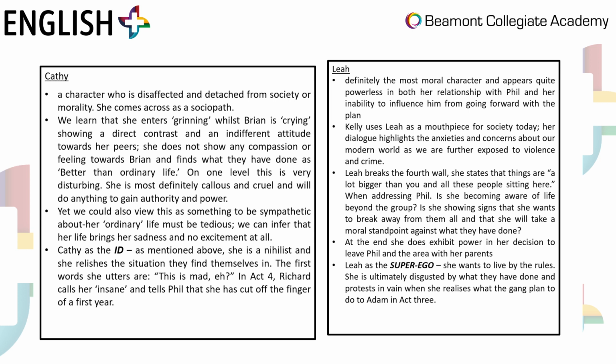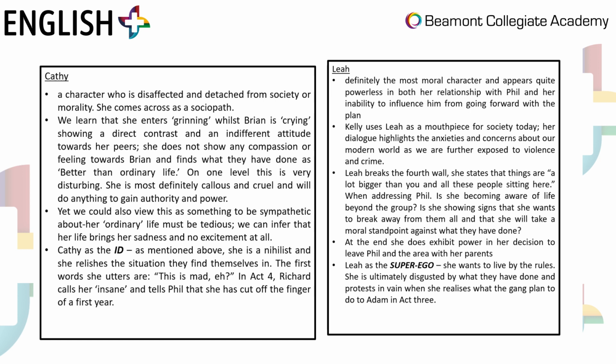And I suppose the antithesis to Leah is Kathy, a character who's completely disaffected and detached from society. She almost comes across as a sociopath. We learn that she enters grinning when Brian is crying. Shows that real direct contrast between their attitudes. No compassion or feeling towards Brian.